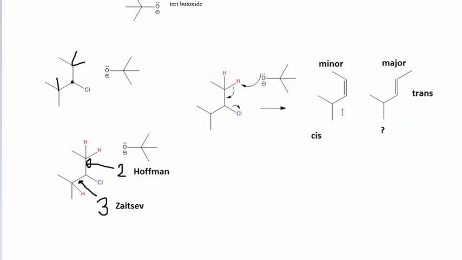So it's a little ambiguous which one will actually be in excess if we do the reaction in real life. I would expect the trans to be formed, but you know, the bulkiness of the tert-butoxide might actually play a role. It might even force the cis to be more. So I'm going to say both of them probably exist. I'm going to say that this is probably the major, but I wouldn't be surprised if it actually wasn't.